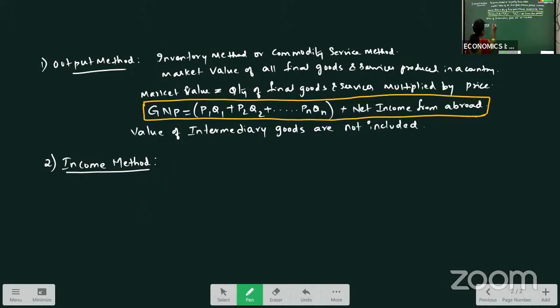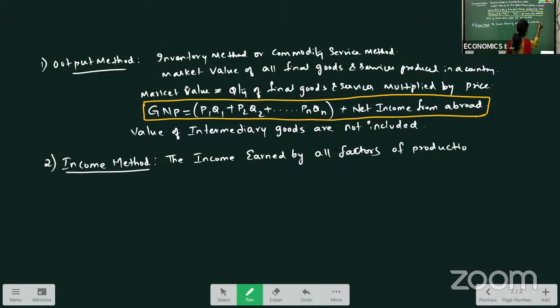So here we can say the income earned by all factors of production aggregated to get the national income of the country.